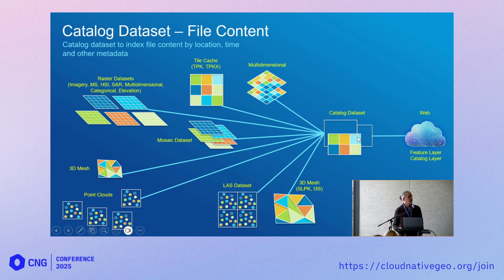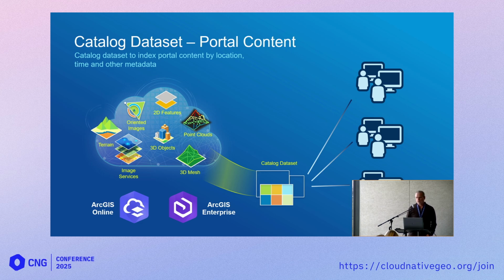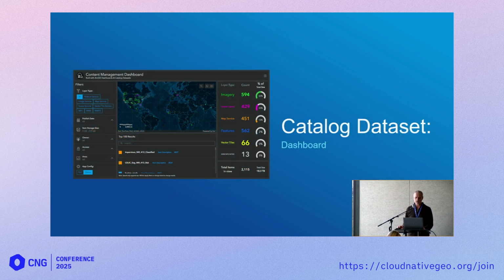What we get is basically a feature class with all of that metadata and the ability to publish that as a service. We can also use the catalog dataset to index content from our portals and from our organizations. So where we have WebGIS operating, you can also generate a catalog dataset from there. So with that, let me just give you a quick demo here.